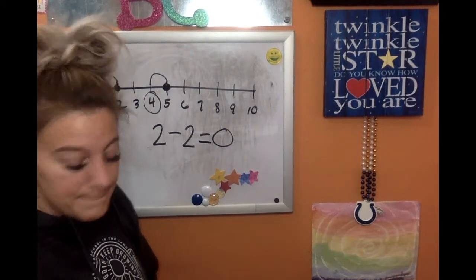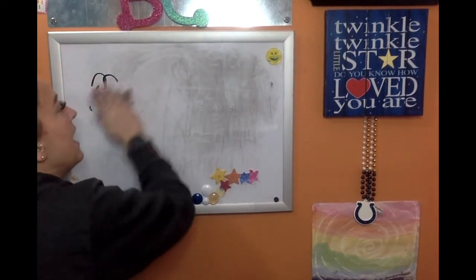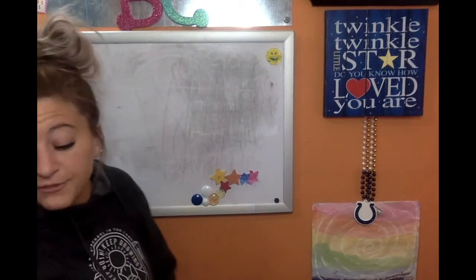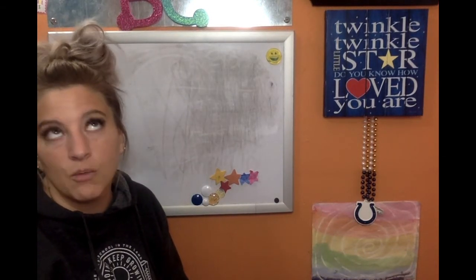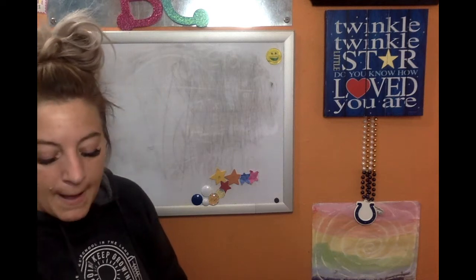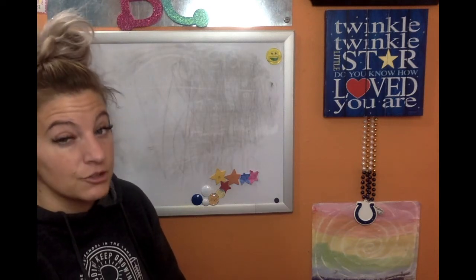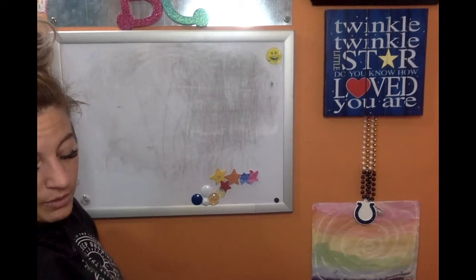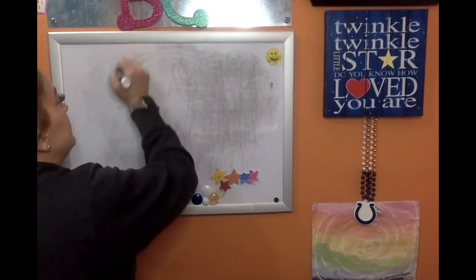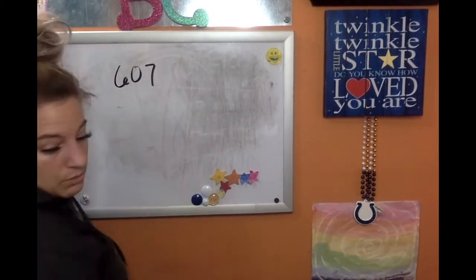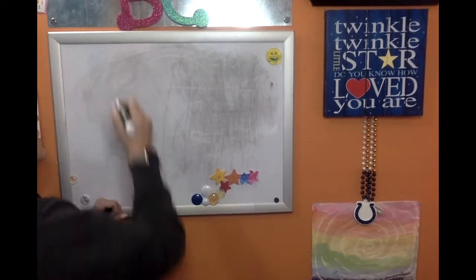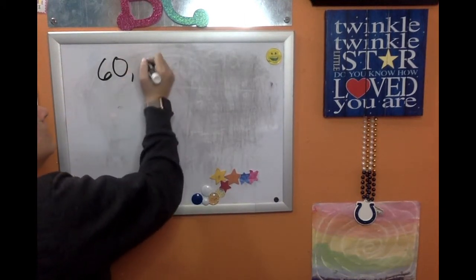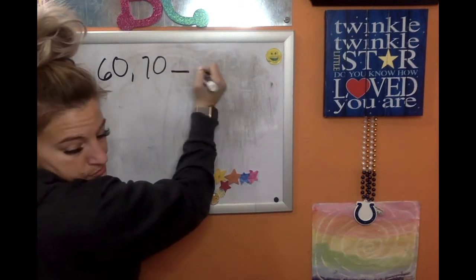Okay, let's count by tens. The number 9 is pretty simple because we have our counting by 10 song, which we're so good at. But number 10 is going to be a little tricky. Okay, here we go. We've got 60, 70.